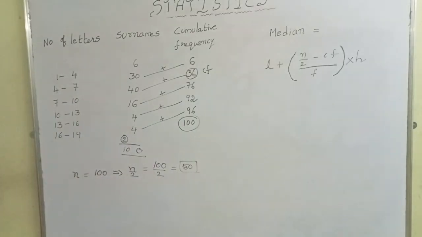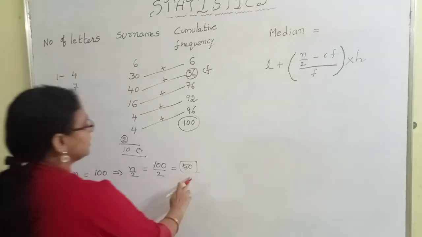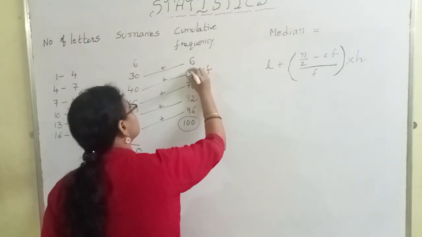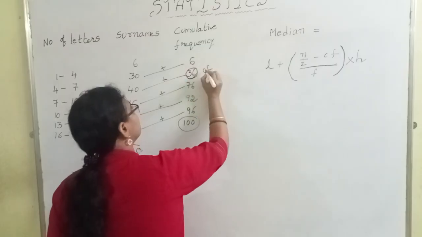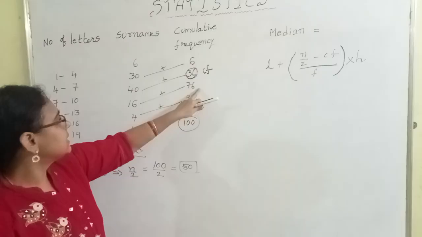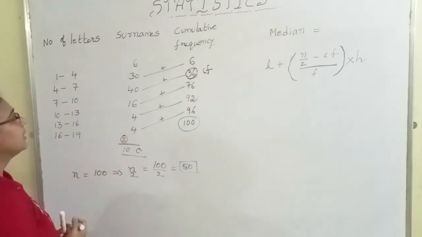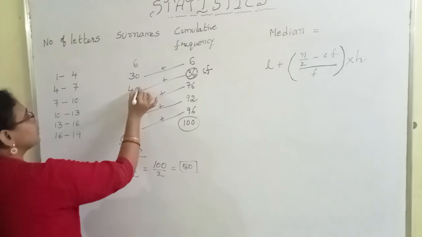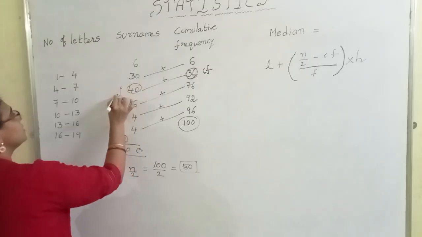Did you understand? So here n by 2 is 50, less than 50 we observed it's 36, that one we take as CF. And the number next to it we take as F. That next one is this one only, it is F.